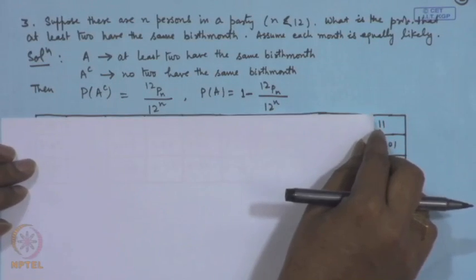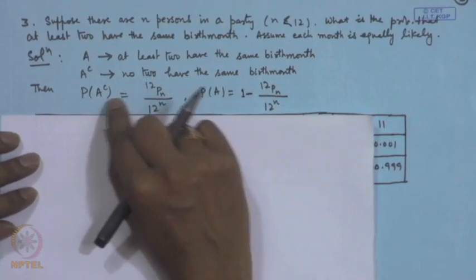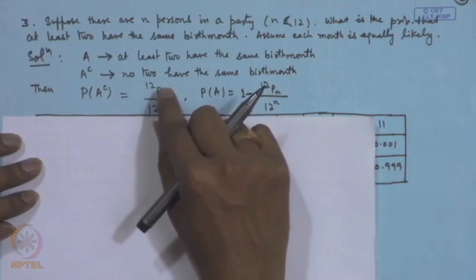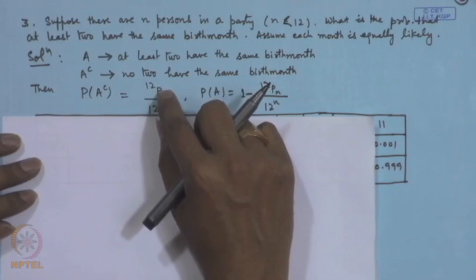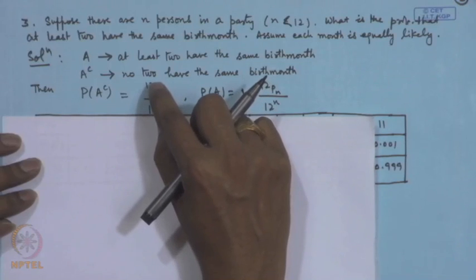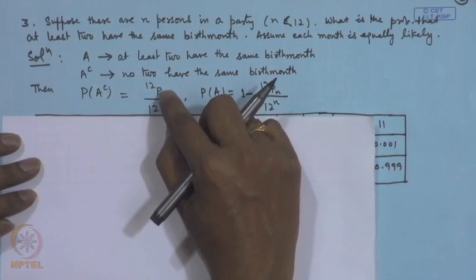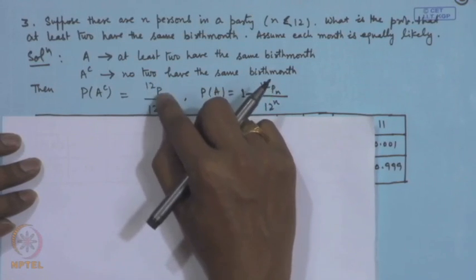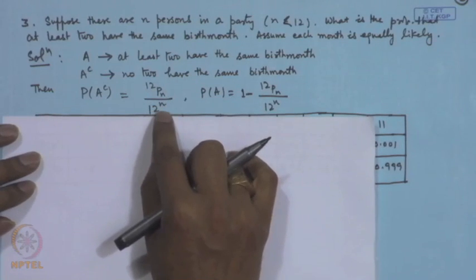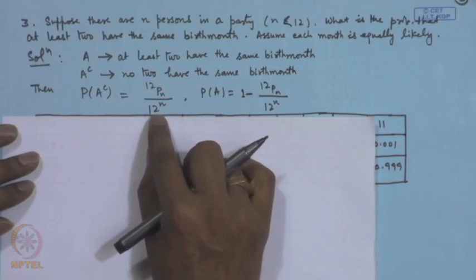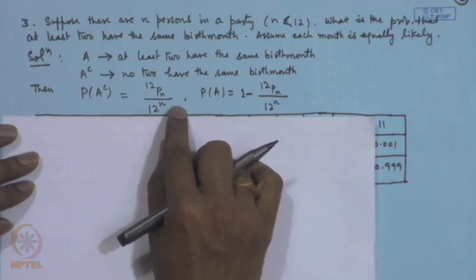You can see here probability of A complement, there are 12 months, and if n distinct months have to be chosen from here, it will be done in 12 P n ways, where P denotes the permutation here, and the total number of possibilities of birth months for n persons will be 12 to the power n, because each person can have any of the 12 birth months. So, you will have 12 into 12, n times.